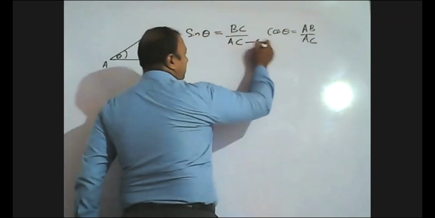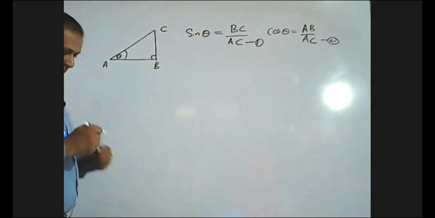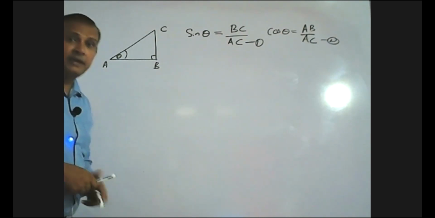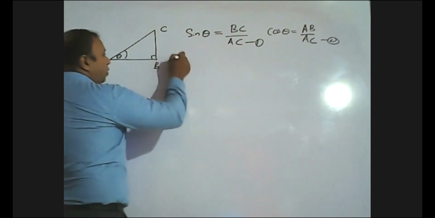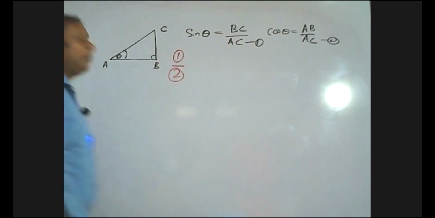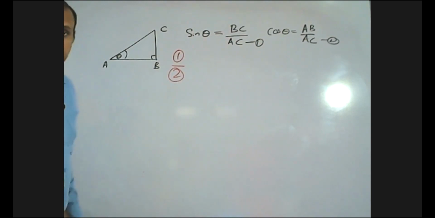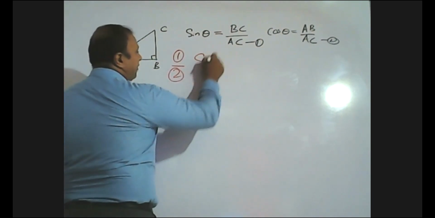Suppose this is the first equation and this is the second equation. Now I am going to take the ratio between equations 1 and 2, so I'm going to divide 1 by 2.